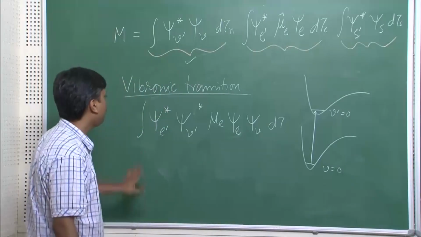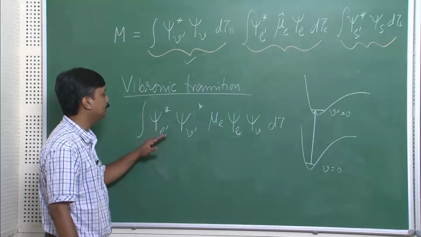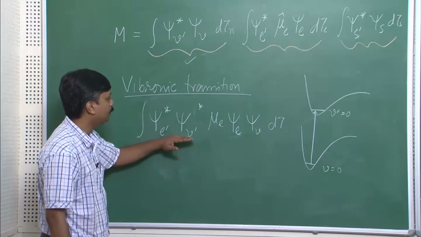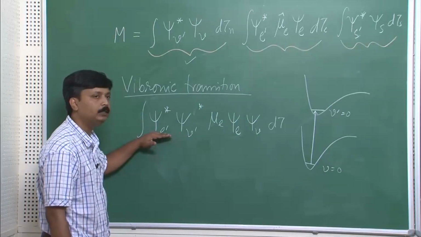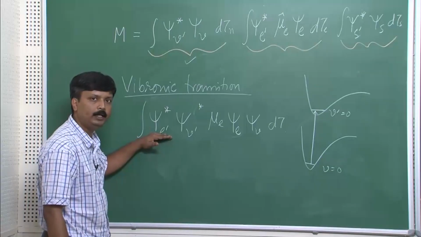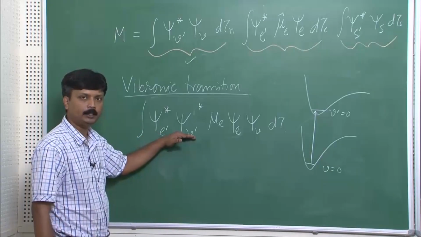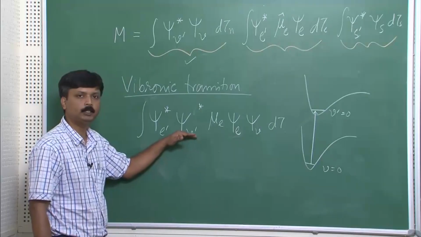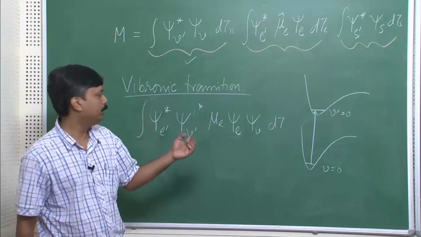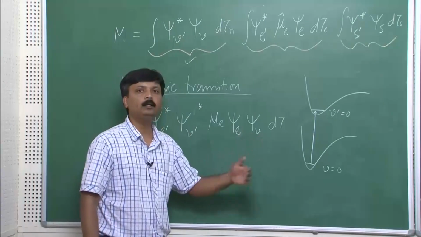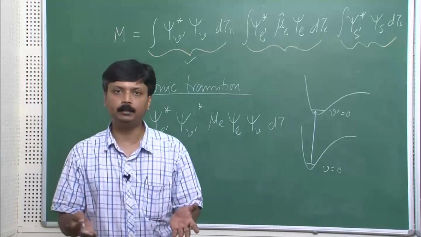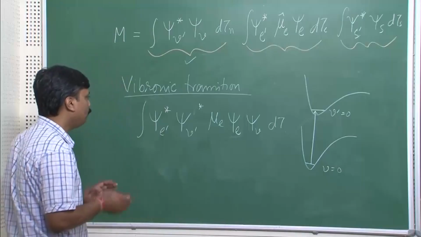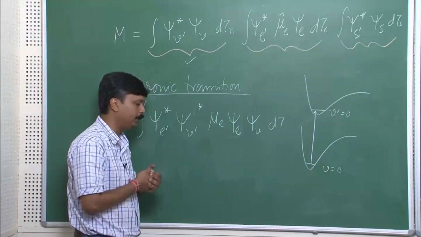So here you can see that I have to consider the symmetries for both the electronic state as well as the vibrational state. So if I have a situation where the symmetry of this vibrational state is different from this one, then the whole scenario changes, right? One particular example I will give you.